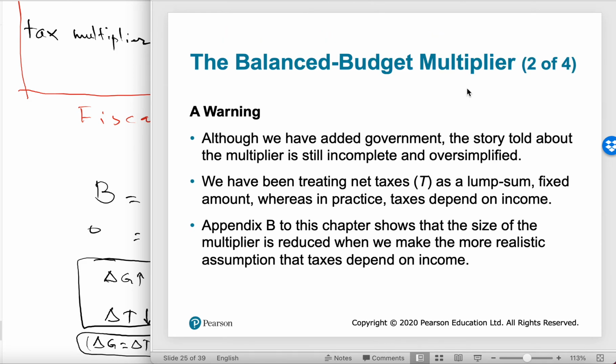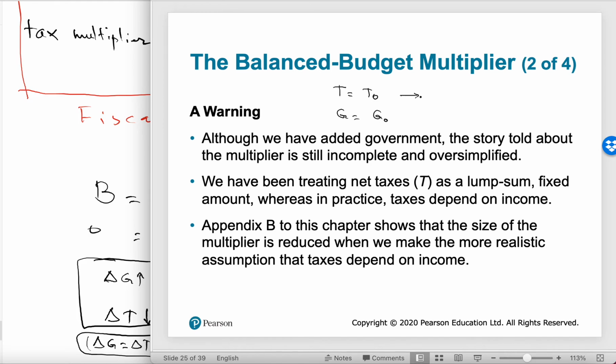With the balanced budget multiplier, there is a warning here. Although we have added government, the story told about the multipliers is still incomplete and oversimplified. The balanced budget only works if the tax is equal to T0 and G is equal to G0.